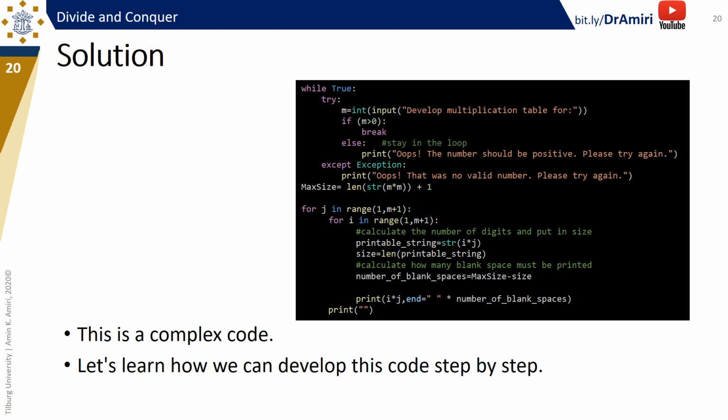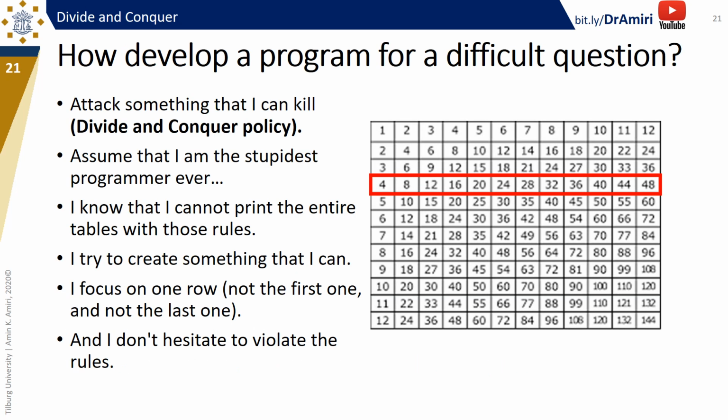As you can see, it's quite a complex code, but we want to learn how we can develop such a complex code step by step. So my strategy would be to attack something that I can kill, to divide and conquer. Assume that I'm the stupidest programmer ever.